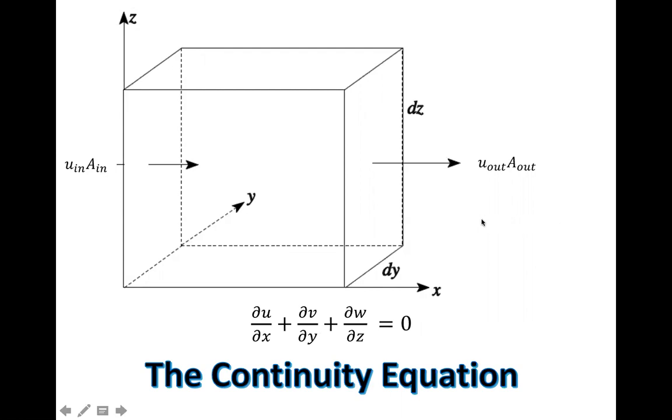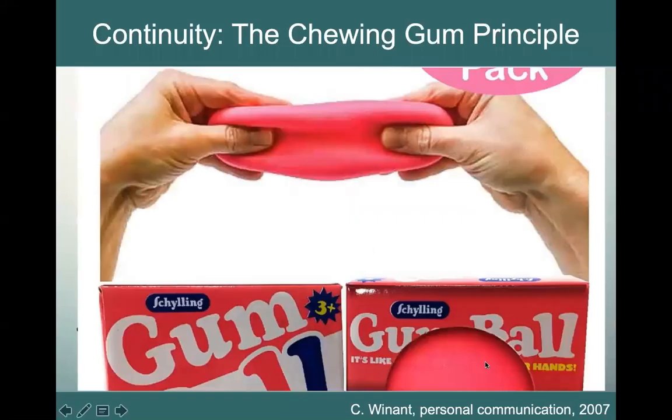All right, so let's try to understand what this is telling us. This is saying the change in the u velocity in the x direction, plus the change in the v velocity in the y direction, plus the change in the w velocity in the z direction, all those added together must equal 0. Well, the way that I will give credit to the professor who taught me this, Clinton Winant, used to always explain it, is we're thinking about this water parcel like chewing gum.